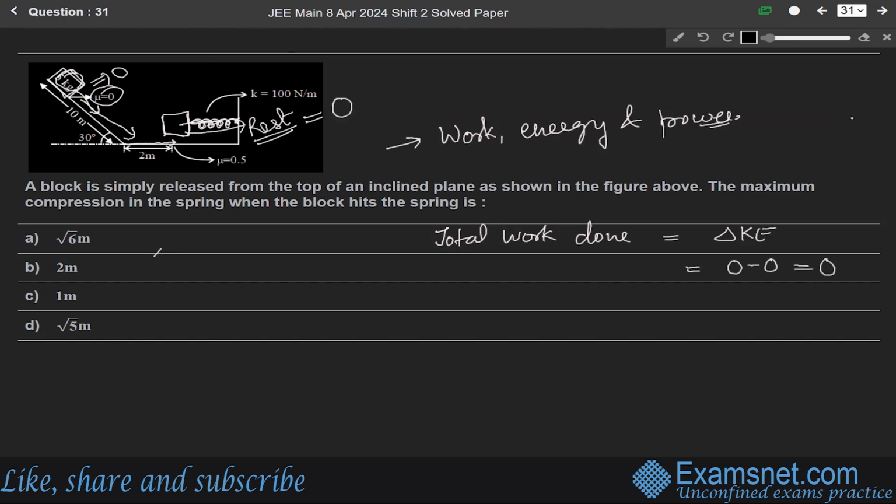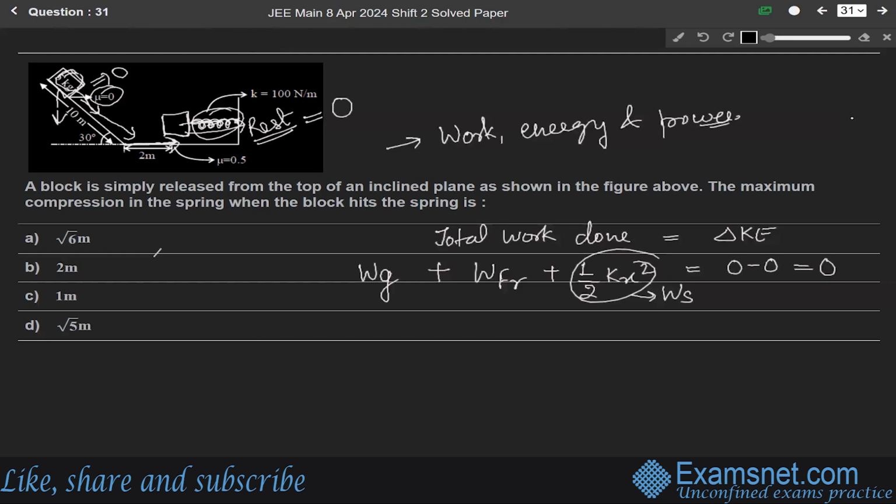Now the net work done. This is the block of mass 5 kg. So the work done will be Wg in the downward direction, plus the work done by the frictional force, plus the work done by the spring, that is minus half kx square.